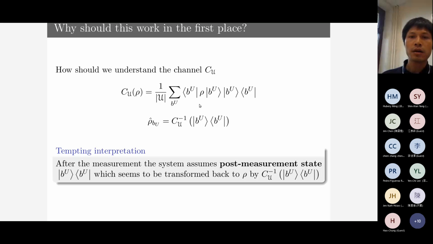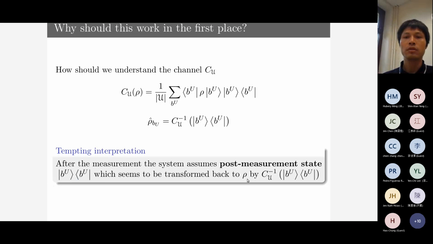Think of this measurement as something that measures the state and prepares the system in the state corresponding to the collapsed outcome. So in a way, it suggests that this post-measurement state b-u is somehow important, and that something like the reverse channel onto the post-measurement state reconstructs rho in a way.